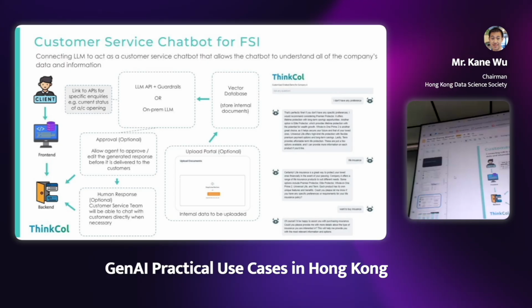Like for example, we're working with the FSI right now in Hong Kong, and one of the problems that they're having is that ChatGPT sometimes would start hallucinating and saying the wrong things. Like for example, there was this one client who got really, really mad and would say things like, "Oh, your service is horrible. I'm gonna call the cops and sue you," things like that, right?